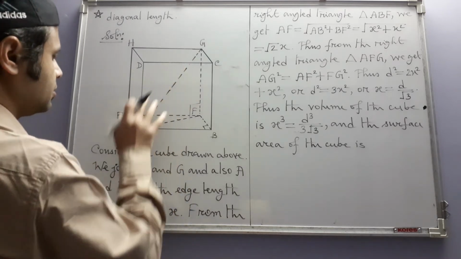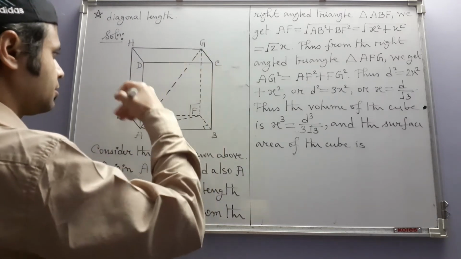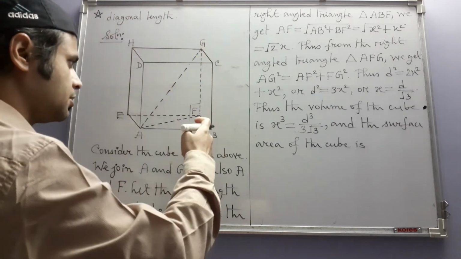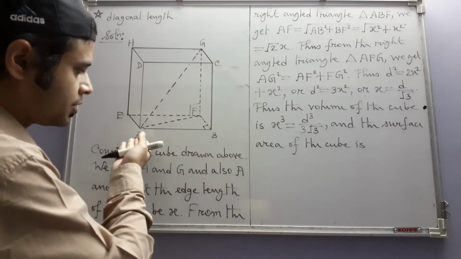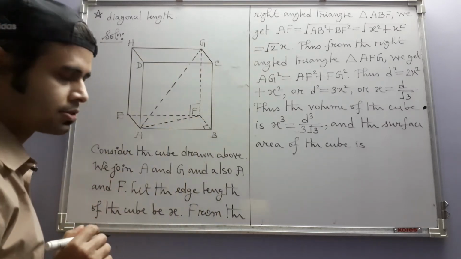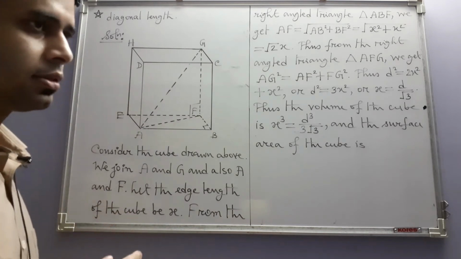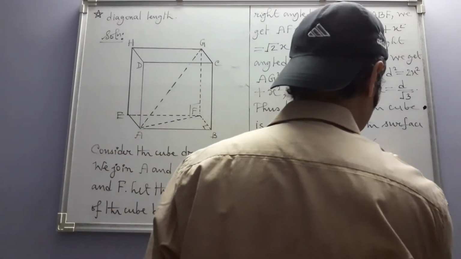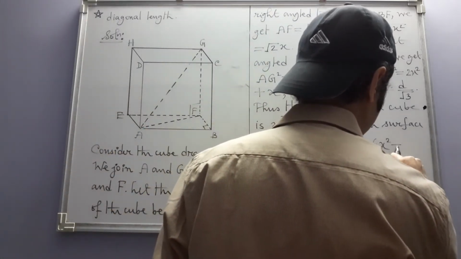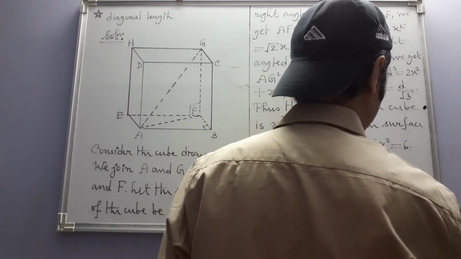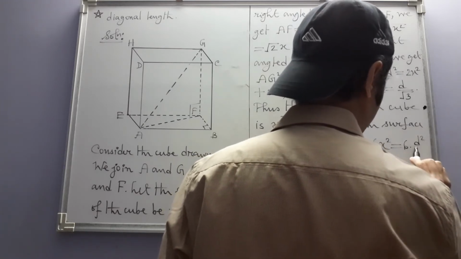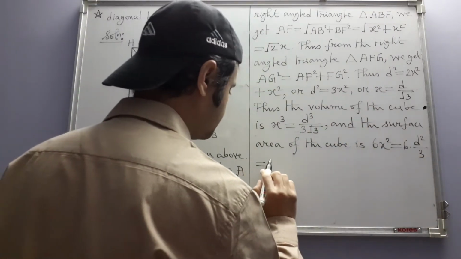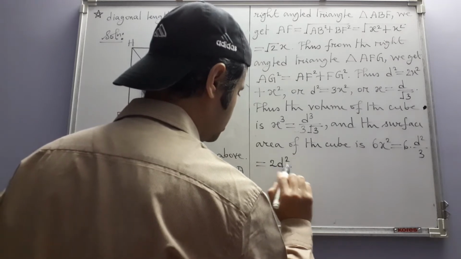So 1, this ABCD, that opposite face 2, this face 3, its opposite face 4, the bottom face 5, and the top face 6. And each one is a square, means each one's area is x square. So 6 of them is 6x square. So this is 6 times d square divided by 3. So that is 2d square.